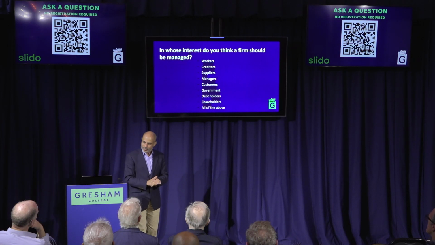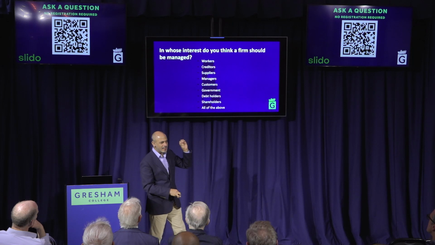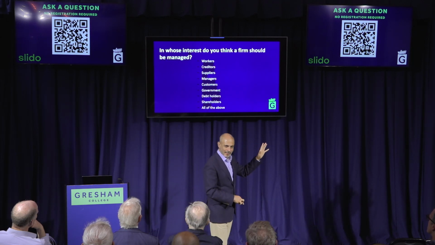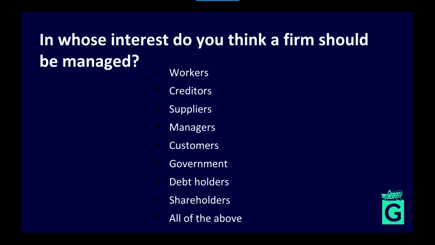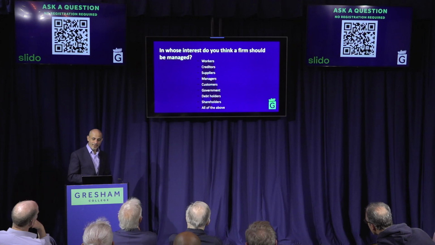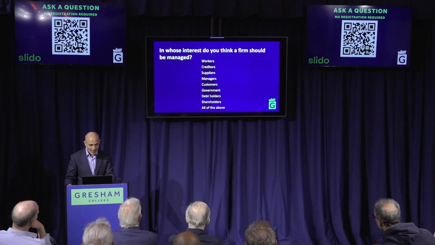Okay, so let's start with the question which I asked back in my first class. When we had my first lecture, I said, in whose interest do you think a firm should be managed? And there were a huge number of answers. You could be workers, you could be creditors, suppliers, managers, customers, debt holders, shareholders, all of the above.